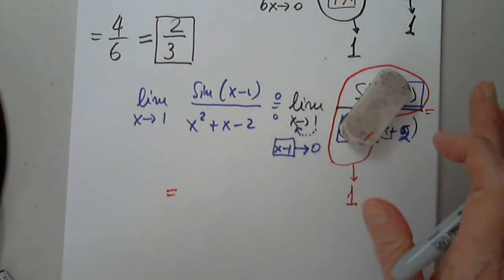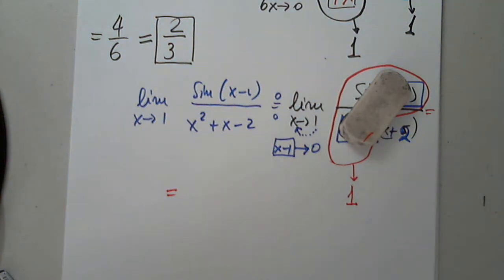We are applying the limit operator. What is the final answer? I covered it because it's 1. So 1 over x plus 2.